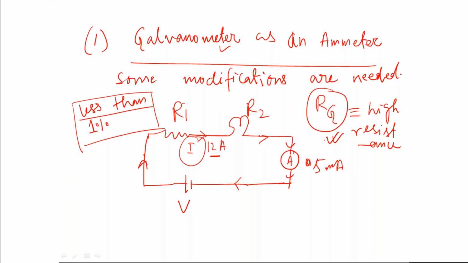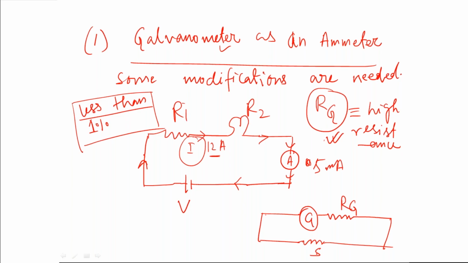To avoid this, what happens in the galvanometer? Suppose this is the galvanometer G, and it has a very large resistance. What I can do is use a very small resistance. This is called a shunt. A very small resistance in parallel to this galvanometer.